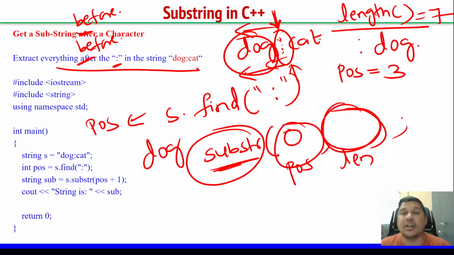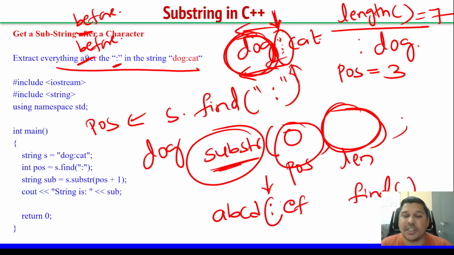What about the length? How long should I go? Maybe here A, B, C, D, colon, E, F is there. I found this position using the find function. How do you find out the length of this as 4? That is the question here.